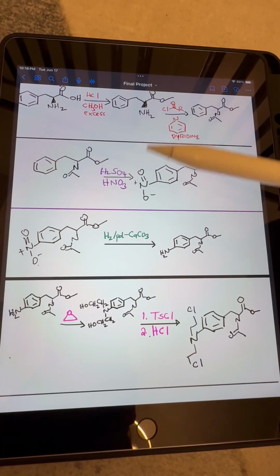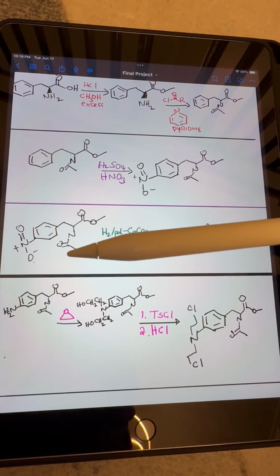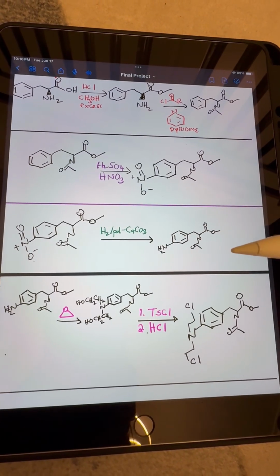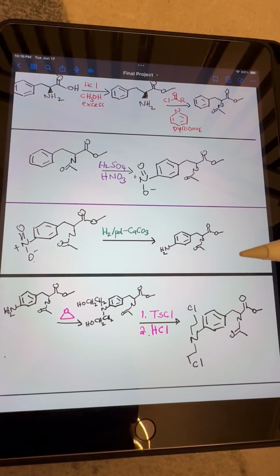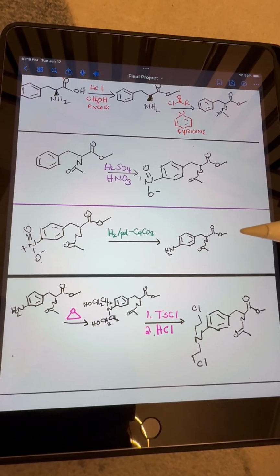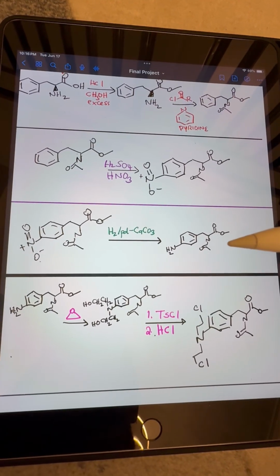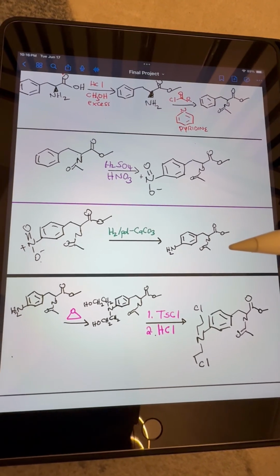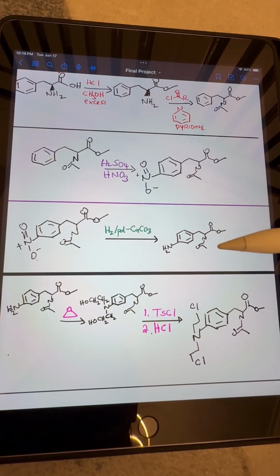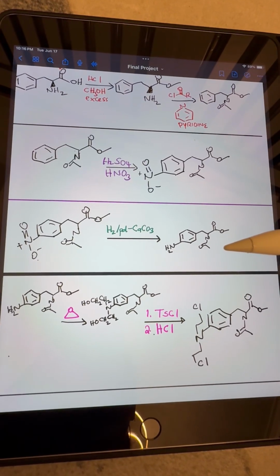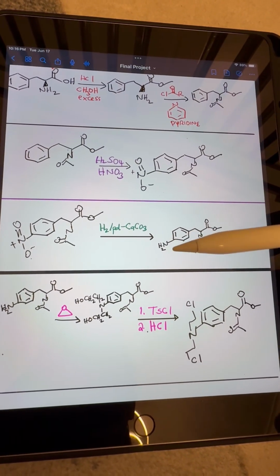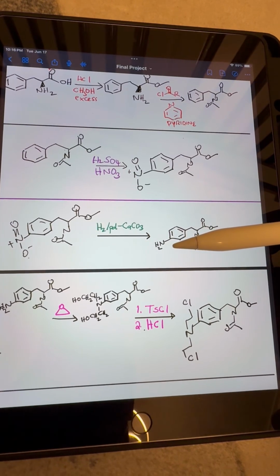To hydrogenate the NO2 group to NH2, I used H2 with Pd and CaCO3. That would hydrogenate and give me NH2.